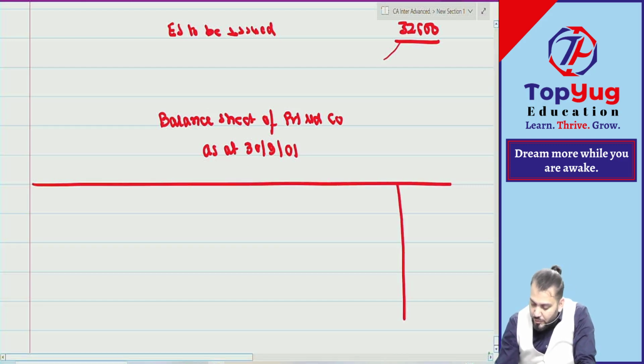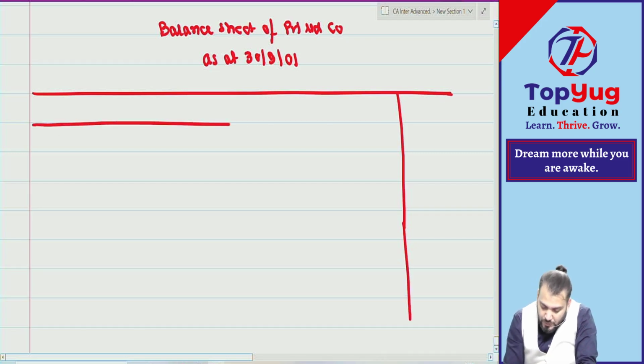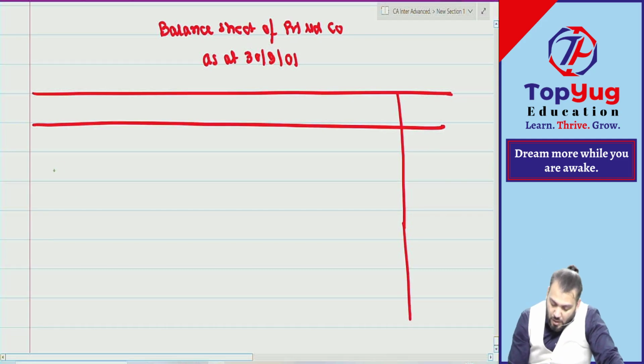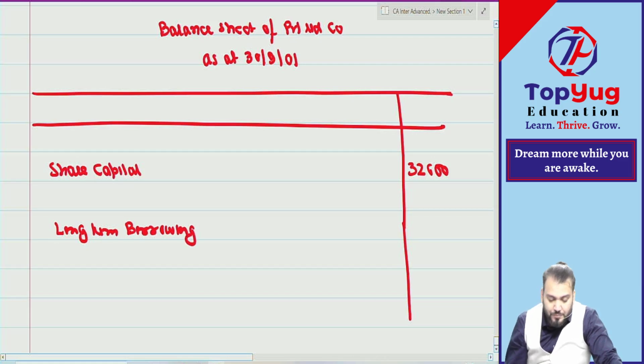You will give me the amount, na? Tell me, how much share capital? 32,600. Very good. Then any non-current liability? Long-term borrowing? Tell me, any long-term borrowing? We have debenture.